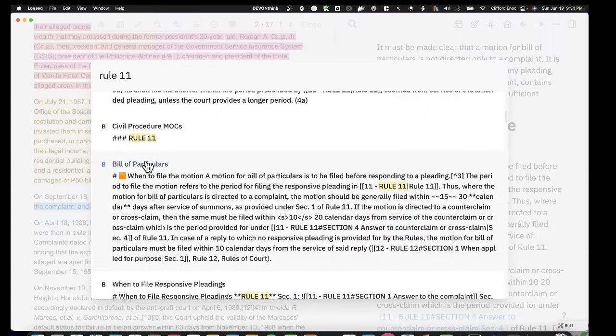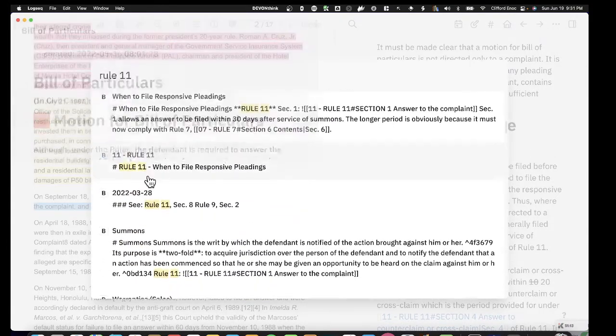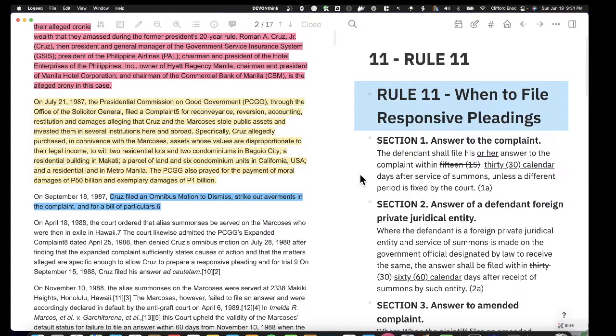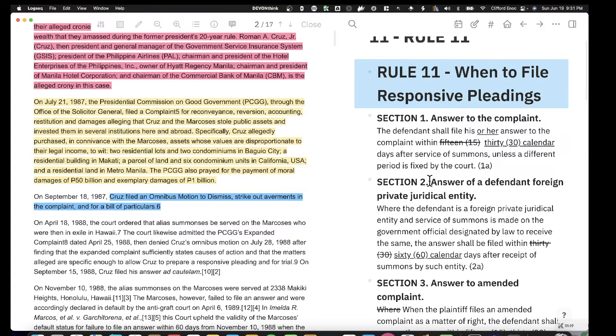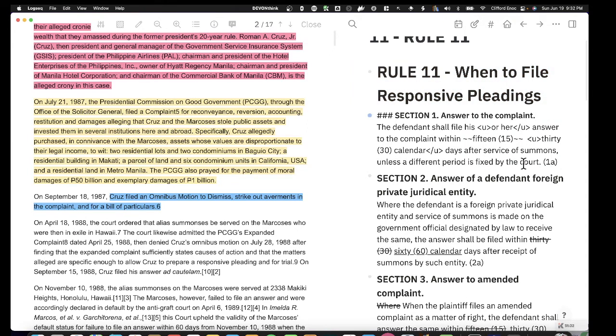Rule 11. Dito. When to file responsive pleadings. So, ito na siya. Nakalagay dito 30. So, it should be 30 calendar days after service of summons unless a different period is fixed by law. So, 30 days.